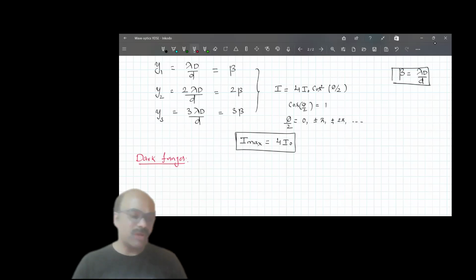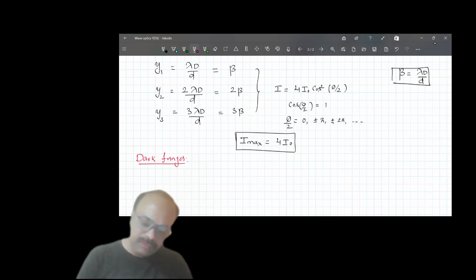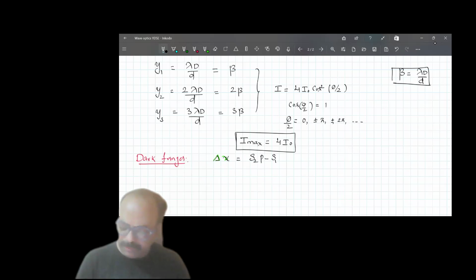So for dark fringes, what is the path difference? We have the condition for destructive interference. The path difference delta x equals, from the diagram, S2P minus S1P, that is equal to d sine theta.